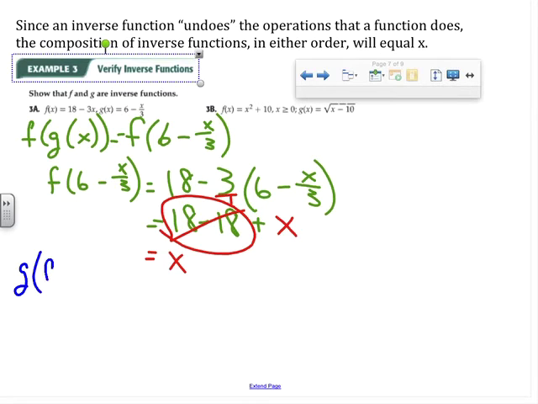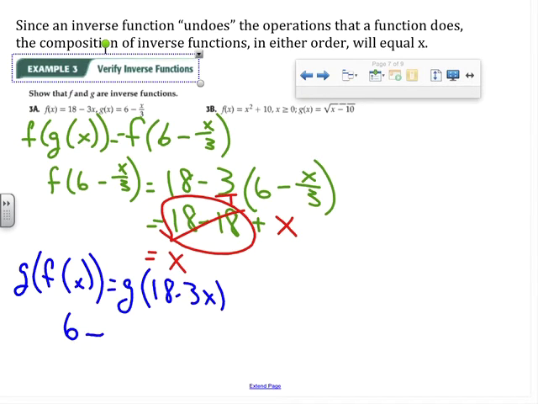If I take g of f of x, that means I'm taking g of 18 minus 3x. So I'm taking that 18 minus 3x and plugging it into my g function. So I would have 6 minus (18 minus 3x) over 3.